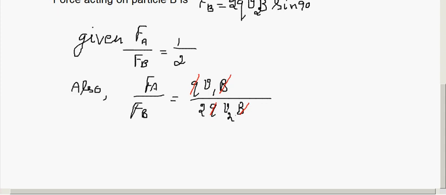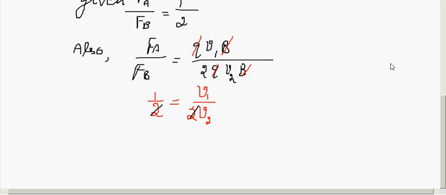Fa by Fb is half, so substitute Fa by Fb is equal to half. Half is equal to v1 by 2 v2. The 2 will get cancelled, so v1 by v2 is 1.